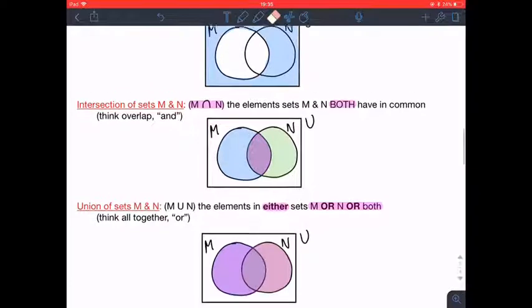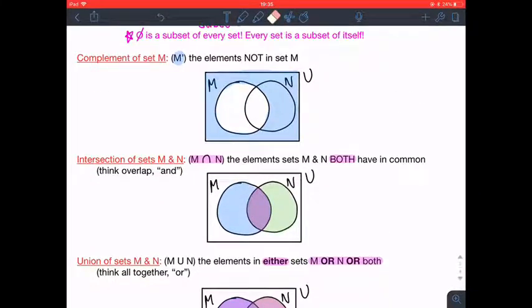Okay. Now I did forget to write one thing down here. We can see everything right now in the complement, everything not in set M. And if I included everything in set M, that would include everything in the universal set. So we like to say that set M plus its complement, that apostrophe, equals the union.